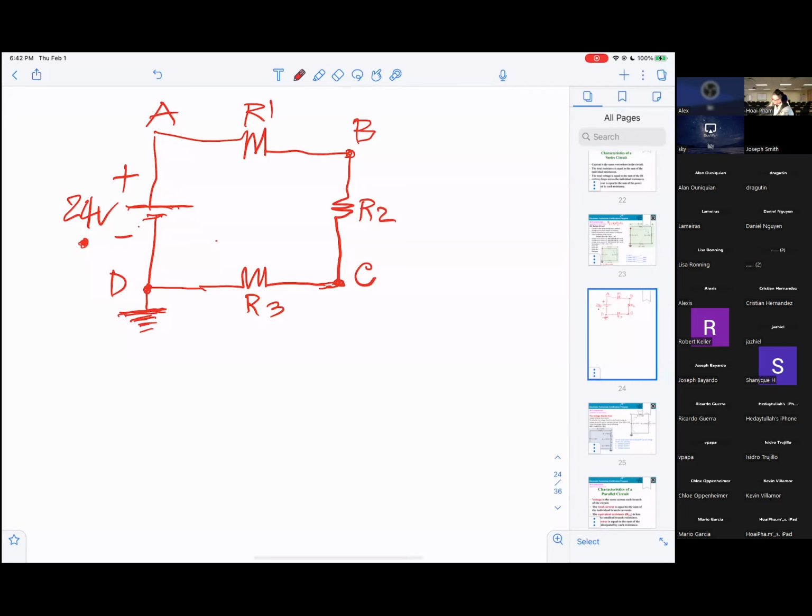When you see this symbol, what is it? Oh, you mean the ground? Right. That's what they call common.